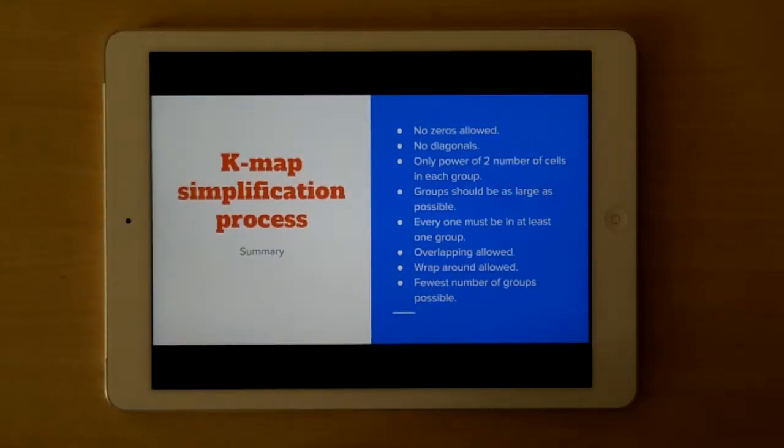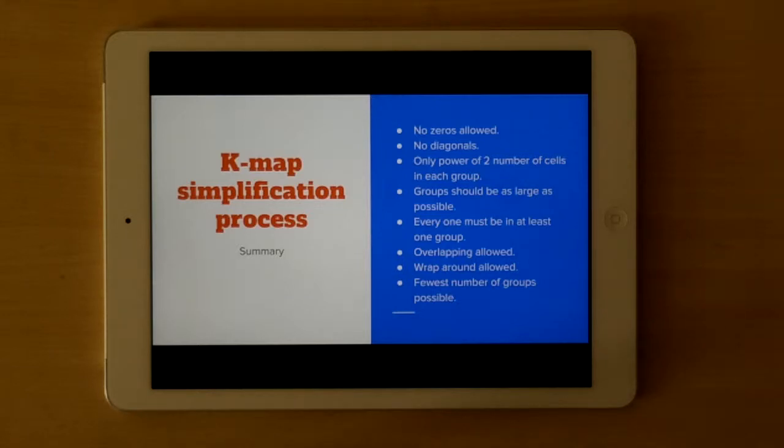So now we shall revise the K-map simplification process, right? There were no zeros allowed, in the SOP form. Basically no zeros allowed. That would help you to not get confused when you're grouping ones. There are no diagonals allowed, only a power of 2 number of cells in each group.